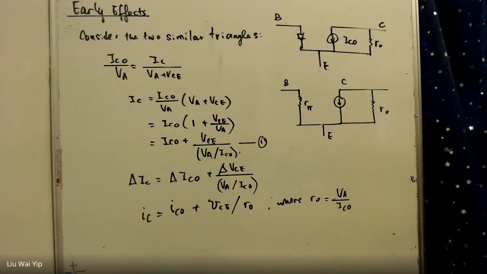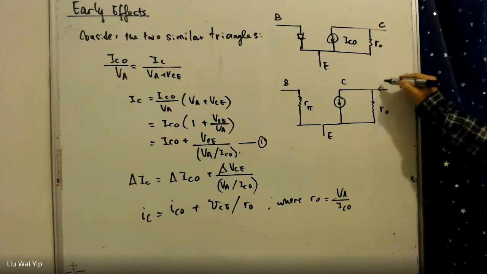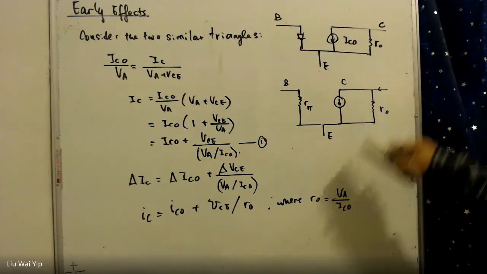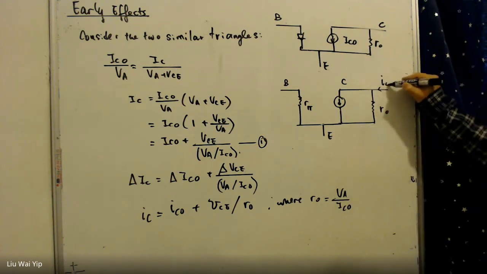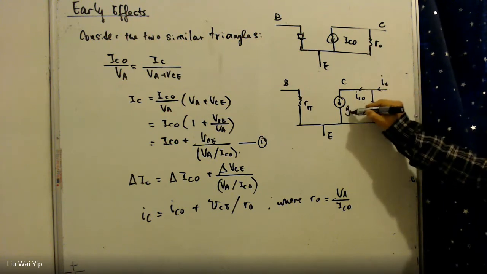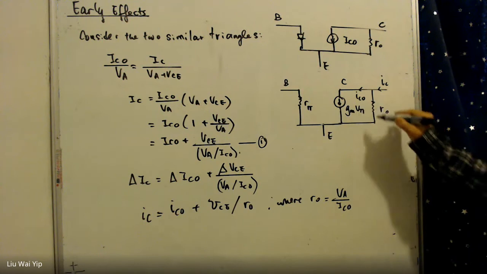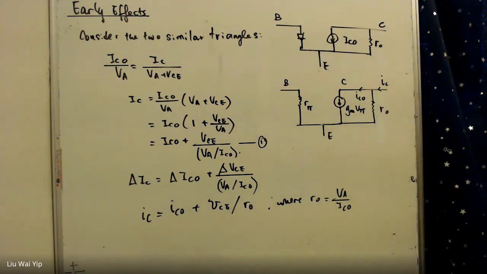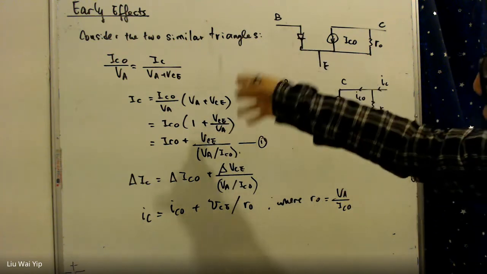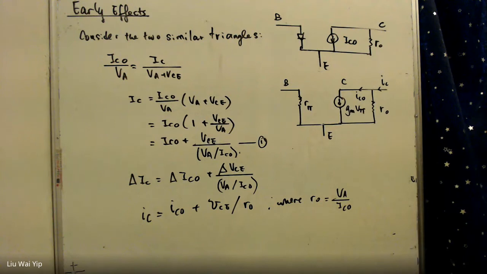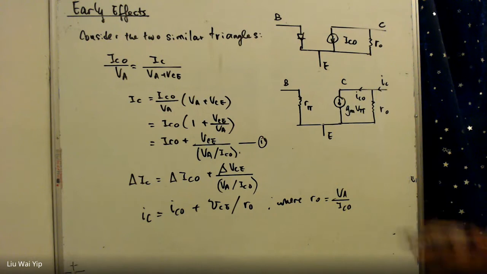And this one is IC0. IC0 is equal to gm times v pi. So this is the model that we need for calculating amplifier circuits. Now, you have got this model.